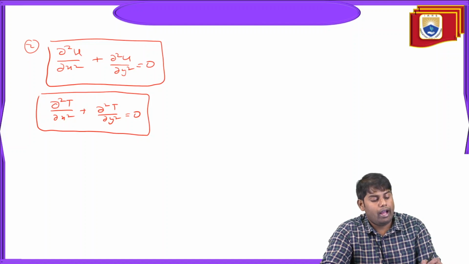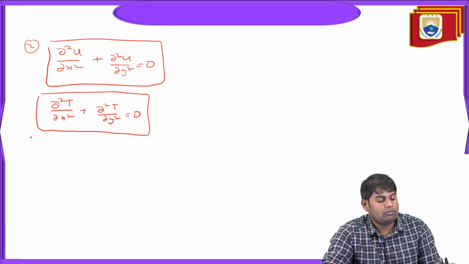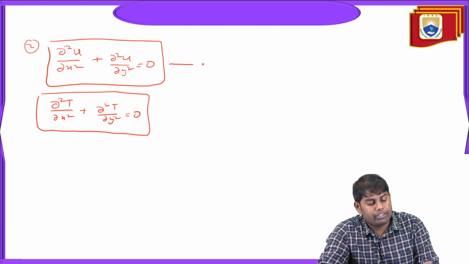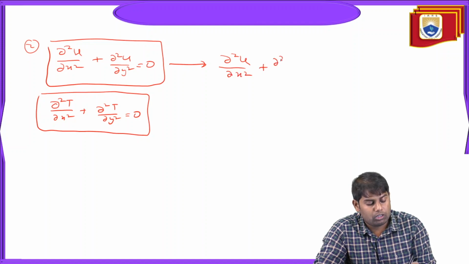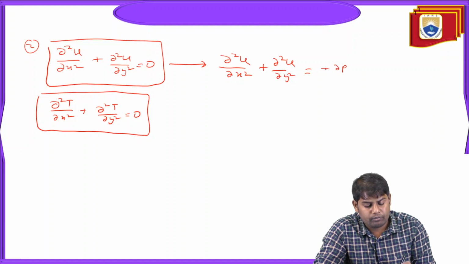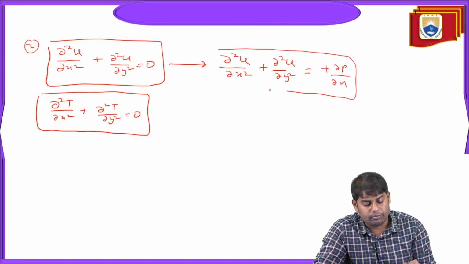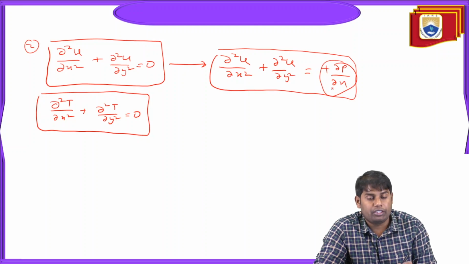When you have a source term, let's say this equation is revised in this way: ∂²u/∂x² plus ∂²u/∂y² is equal to some constant or some source term, say plus ∂p/∂x. With this source term, we can take it as a Poisson equation.